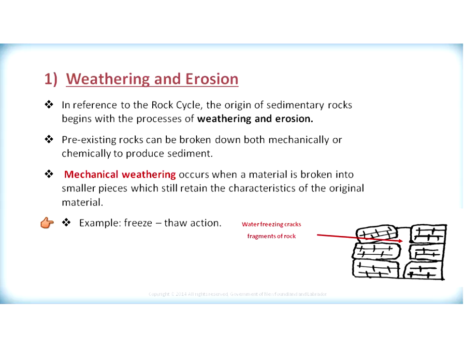One such example is called freeze-thaw action. Mechanical weathering is sometimes referred to as physical weathering, where the actual material physically gets broken into smaller pieces. During freeze-thaw action, water seeps into cracks within a rock. This can be seen in the representation in the diagram on the right.